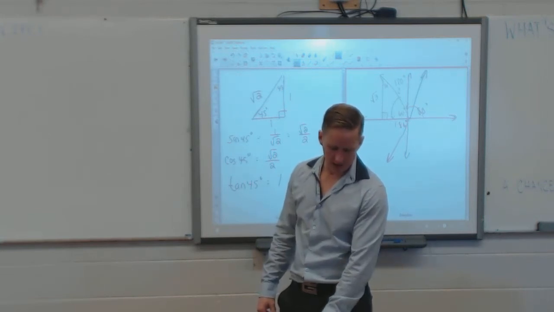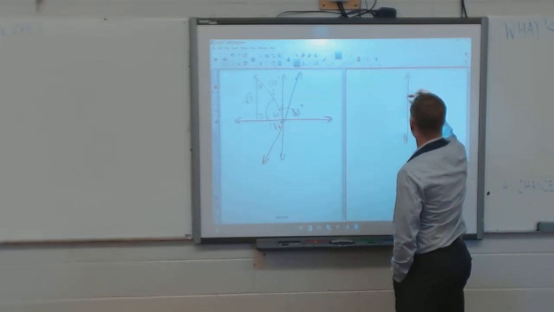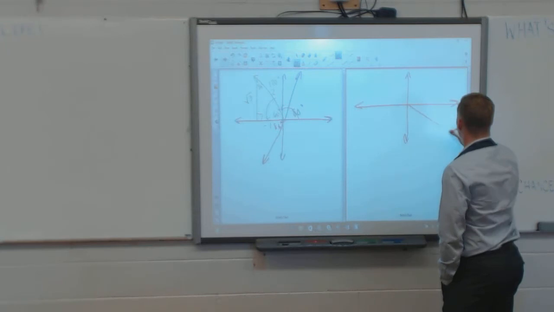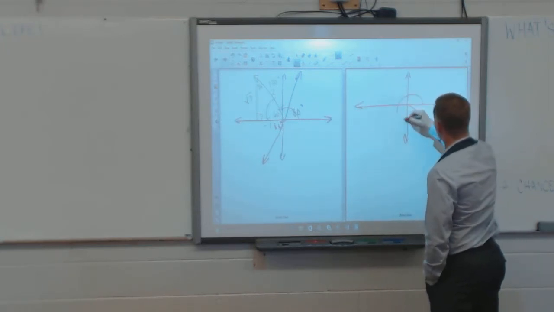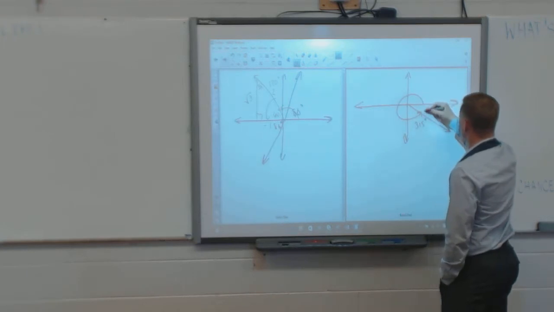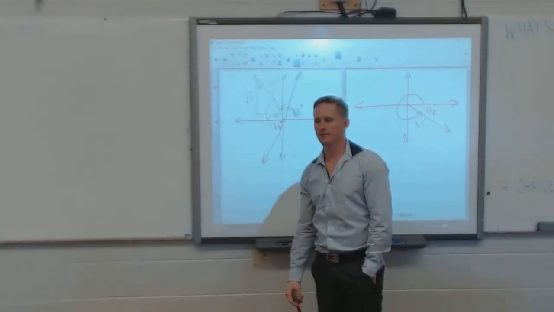It says determine the reference angle for 315 degrees. So let's draw 315 right to there. That's 315 degrees. What is this angle right here? Because that's my reference angle. What is it?